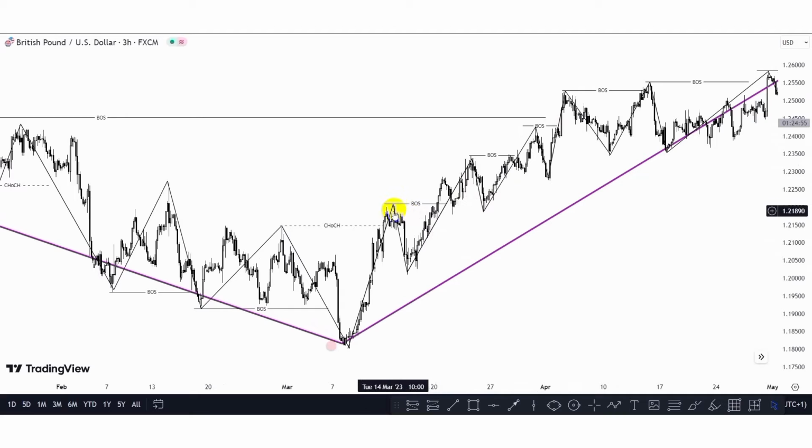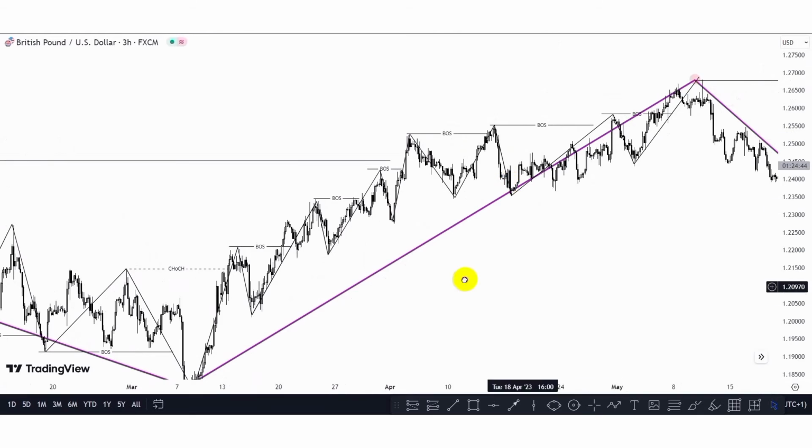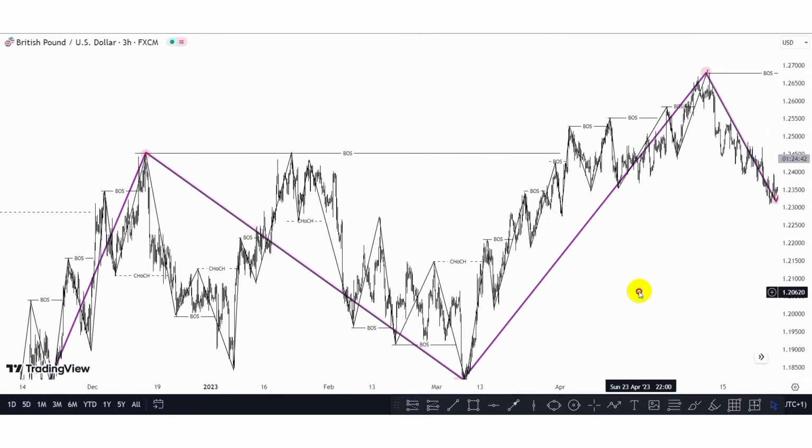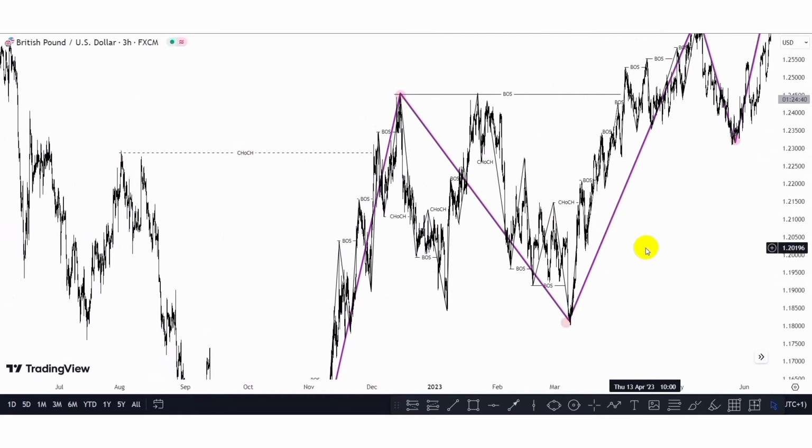Now you can see price return, price push to the upside, took out this high point. Now you see price return, retested the high point, and then you see price push further to the upside. So this is how you must learn to identify the major market structure from the minor market structure.